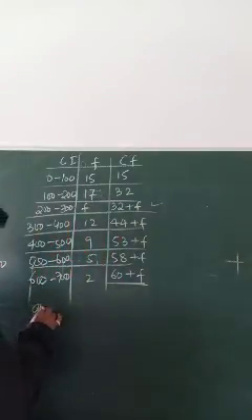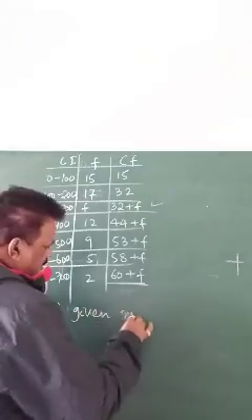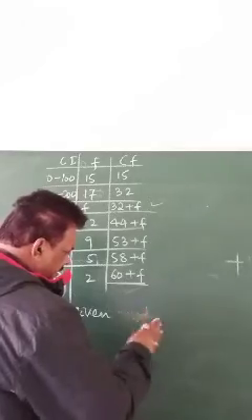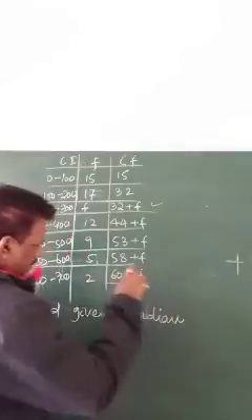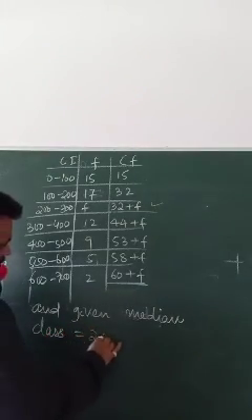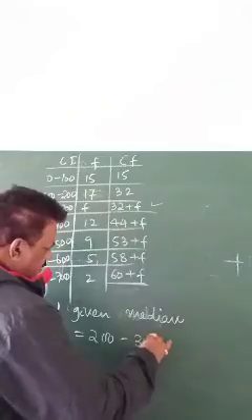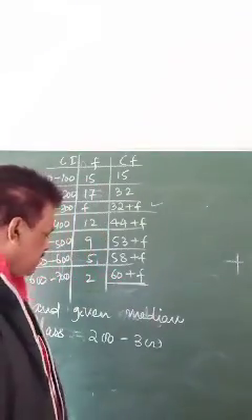And given the modal class, median class is given, suppose 200 to 300. So this is given because one part was missing.